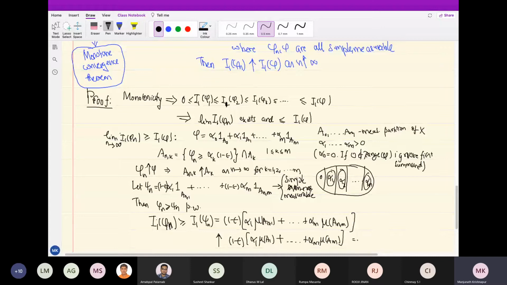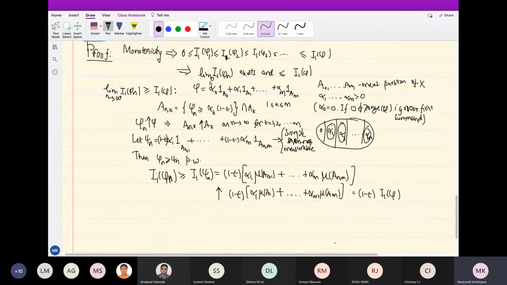Which is nothing but 1 minus epsilon I1 of phi, right? Because what is I1 of phi? Alpha naught is 0, by the way. So I1 of phi is exactly this thing inside the brackets, alpha 1 mu a1 plus alpha m mu m. And the convergence here is because an1 increases to a1, the measures increase.